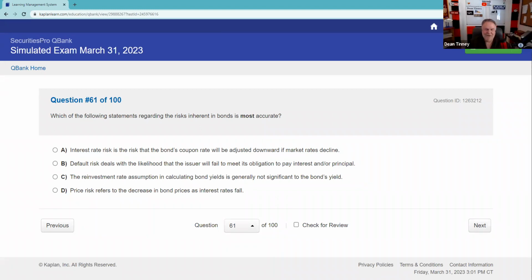Which of the following statements regarding risks inherent in bonds is most accurate? Interest rate risk is the risk that the bond's coupon rate will be adjusted downward if market rates decline. Nope, it's the opposite.